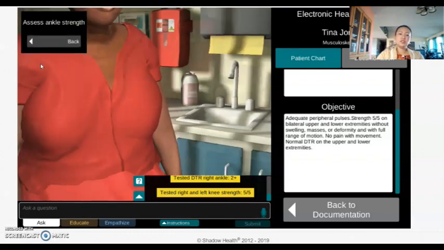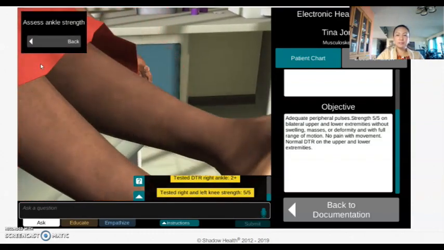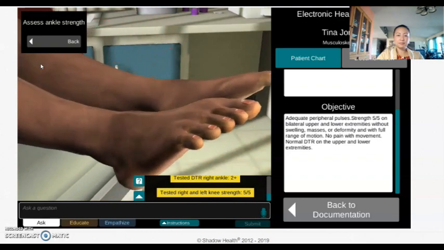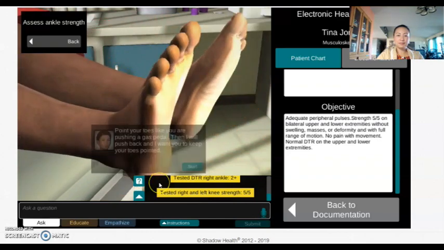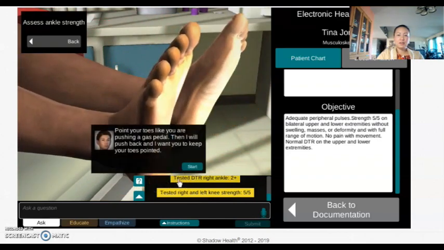Okay, now checking the ankle strength. There you go. I am going to ask Tina to push, like pushing a gas pedal. Then I will push back, and I want her to keep her toes pointed upward.